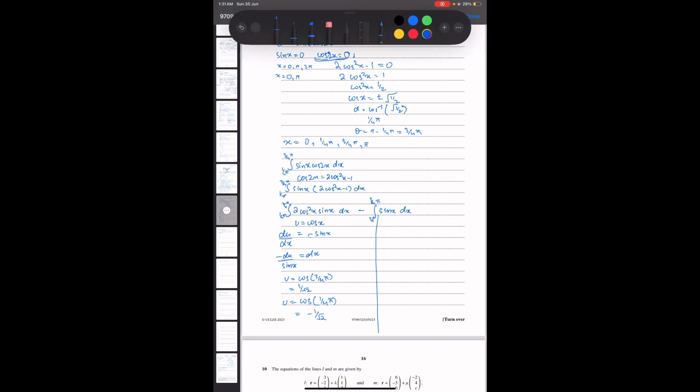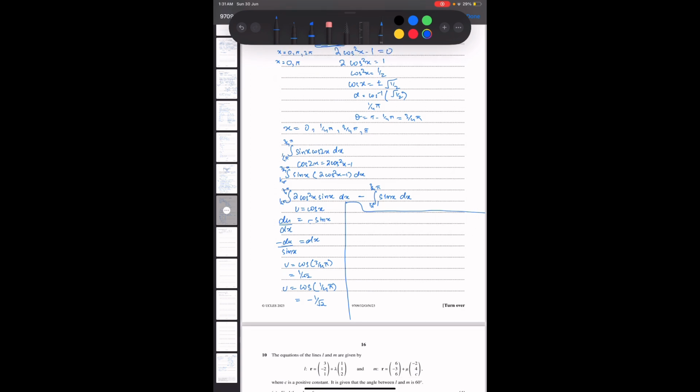So now if I write this term first, it is the integration of 2u² sin x multiplied by minus du/sin x, from 3π/4 to π/4. And that's how this sign and this sign get cancelled.